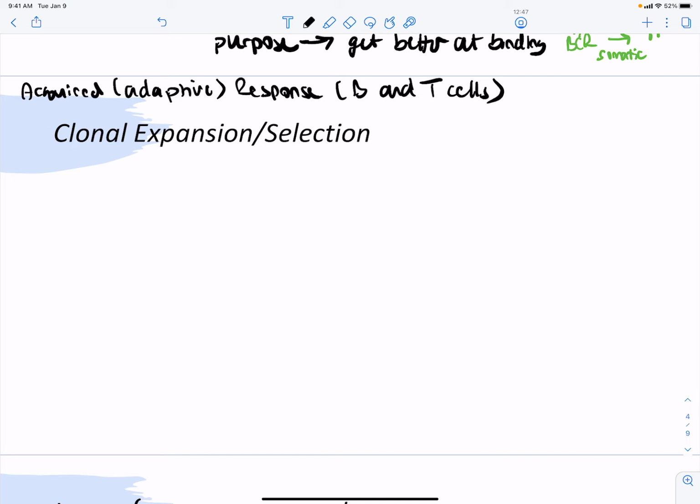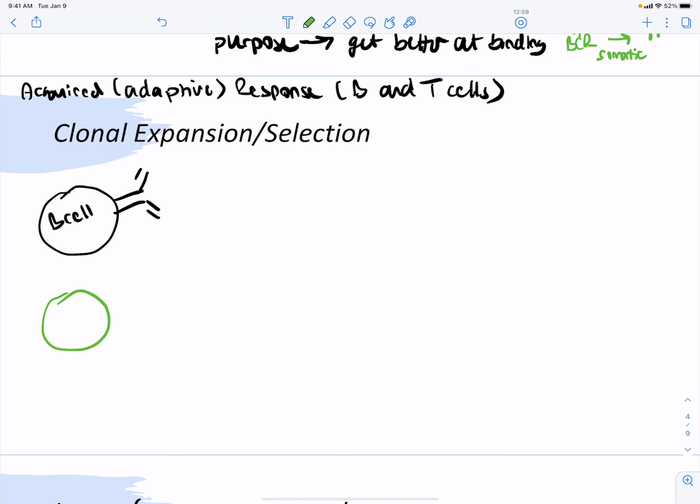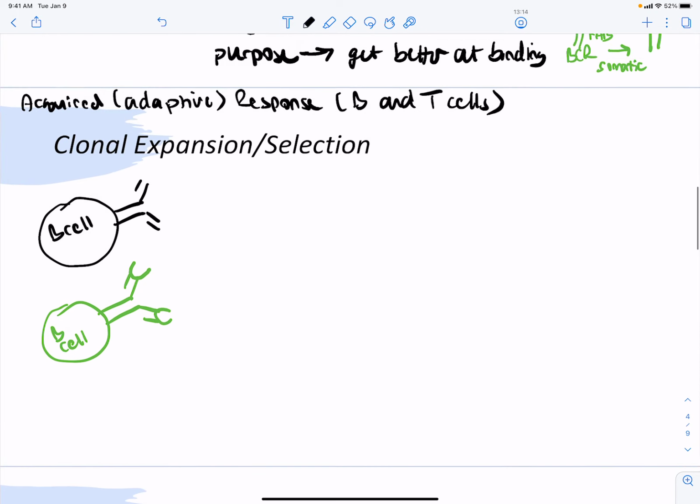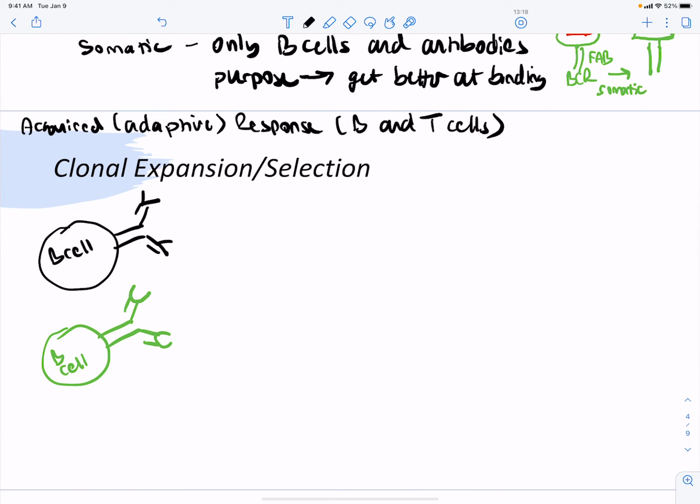So we have a whole bunch of B cells. We have a black B cell. And we'll say on its surface it has an antibody, which looks like a lovely little Y. We have a green B cell. It too has on its surface a green B cell receptor. And let's say that this B cell is sort of curved. Go back to this guy and say that he has like a V-shape. And we also have a purple B cell. And this B cell has, again, a B cell receptor on its surface, and it looks like a square, purple square.